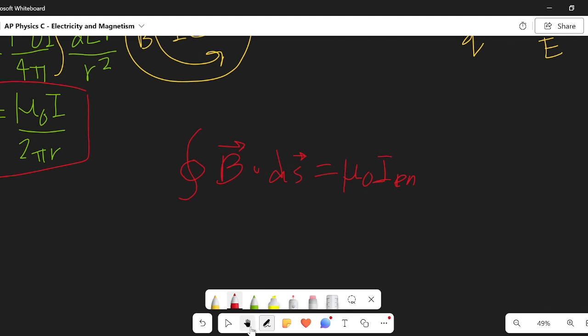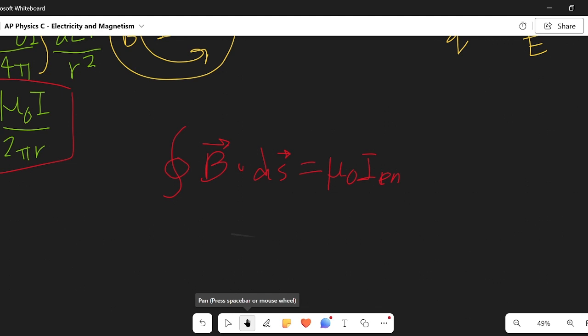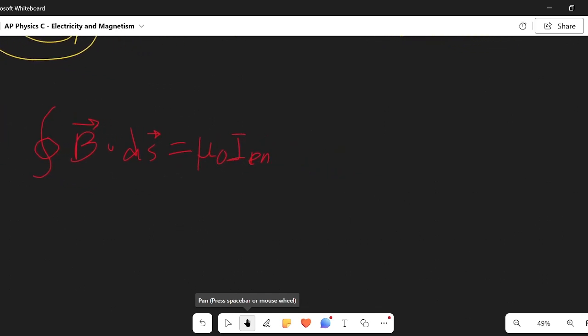Because this is very similar to something we have seen before with Gauss's law. Gauss's law was our fun rule that we used.